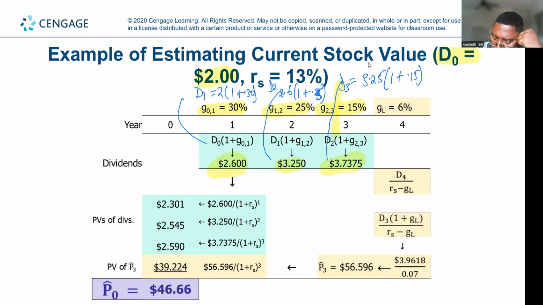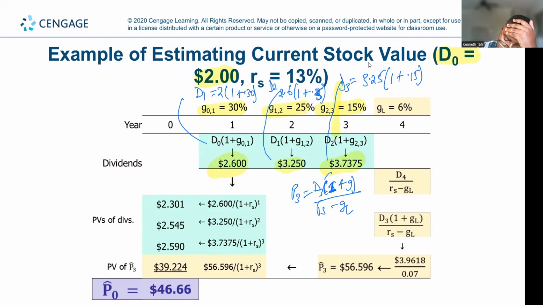We can stand at here, the horizon value, and calculate the P3, which is going to be equivalent to D3 times 1 plus g, divided by Rs minus g.